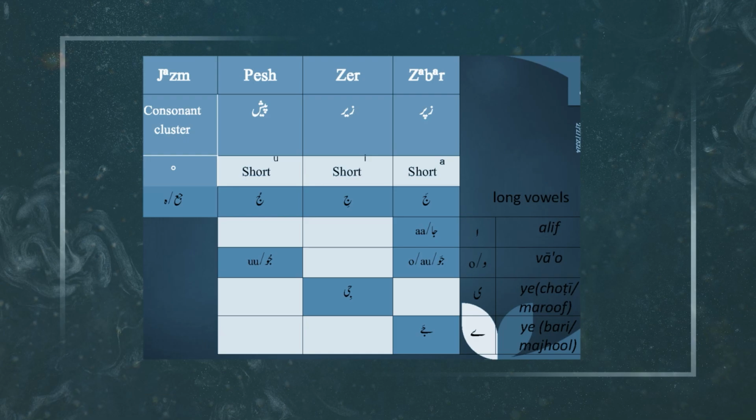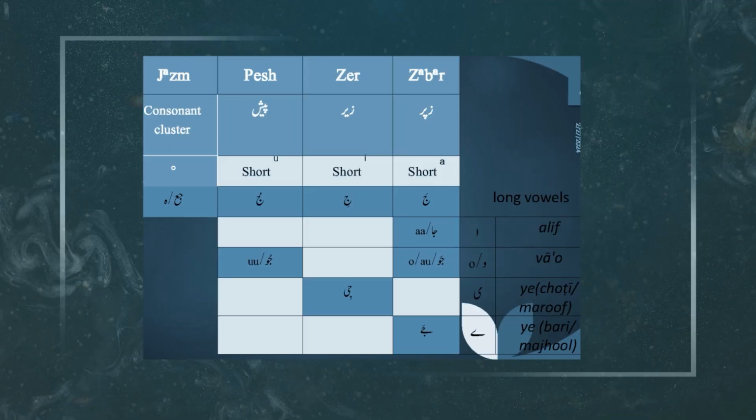So we have here three diacritic marks and one consonant cluster and some long vowels. These diacritic marks are zabar, zer, pesh and jazm, and the long vowels are alif, vav, ye choti, ye badi. When they are applied to the alphabets, we will see which phonemes they create.